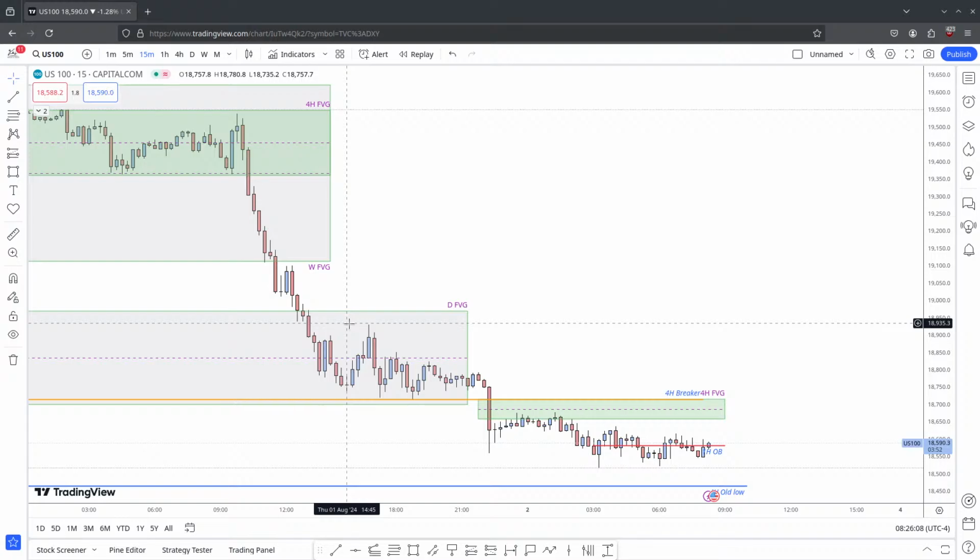So if you do get that move where they take those stops, you're going to be trading against higher time frame liquidity. So ideally, you would be taking a lower risk on that trade.